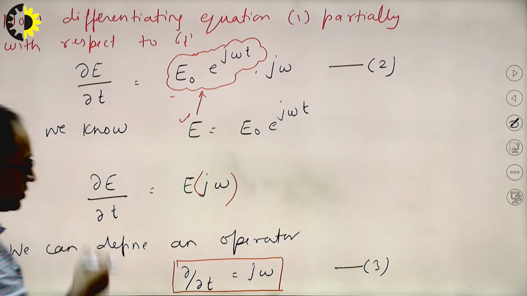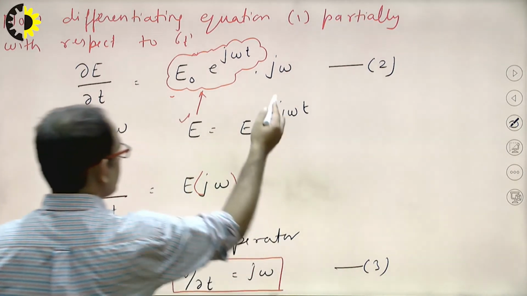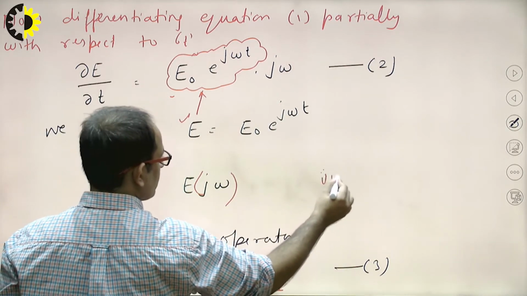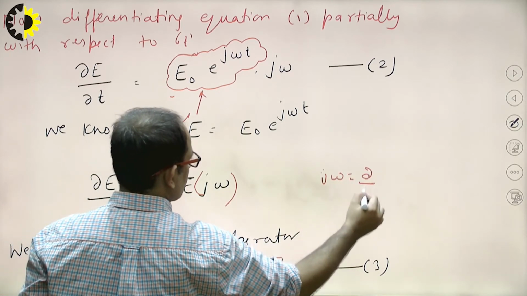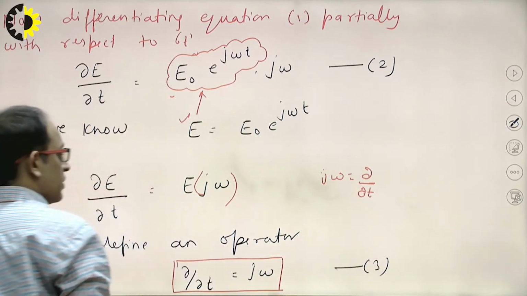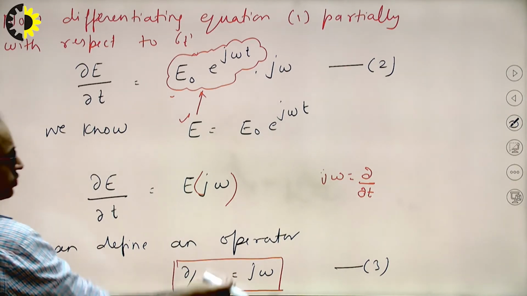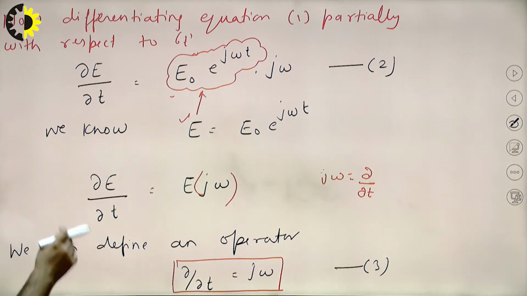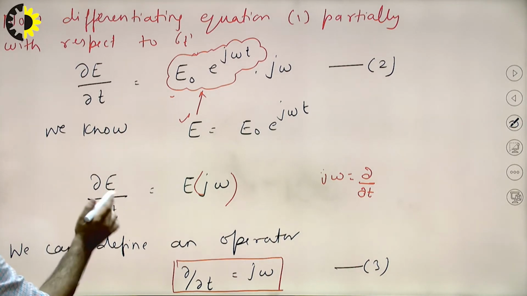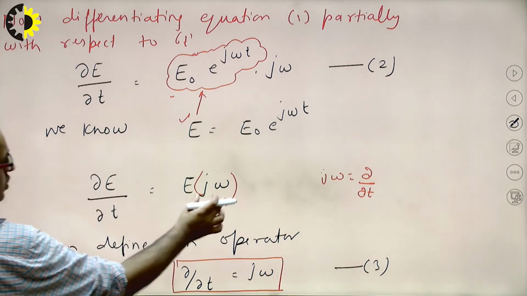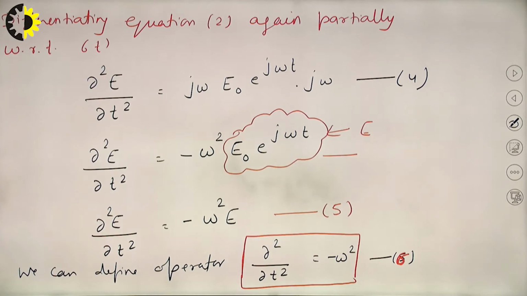Now see, what is j omega? With change in time, del by del t is equal to j omega. From here you can see that del by del t is equal to j omega.